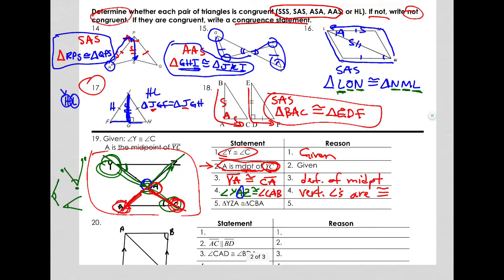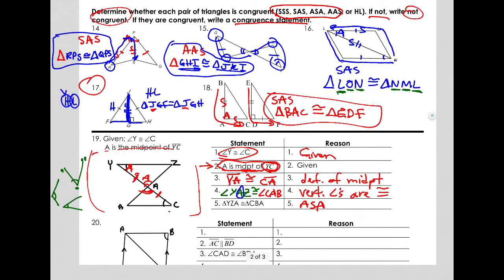So I'm going to erase all these crazy marks I put on here really quick. Okay, it's not dead. Alright, so I'm going to put back what we just need to have on there to make our congruent statement. So I think I had, YA is congruent to CA, and I have my vertical angles. So we have a pair of angles, we have a pair of sides, and we have a pair of angles. So that is angle, side, angle.